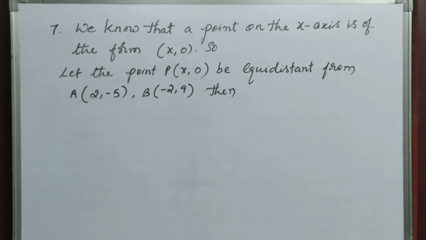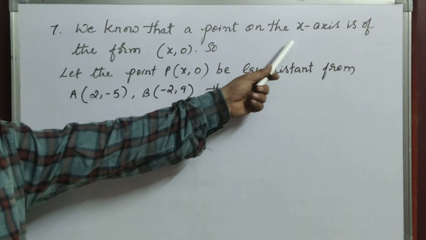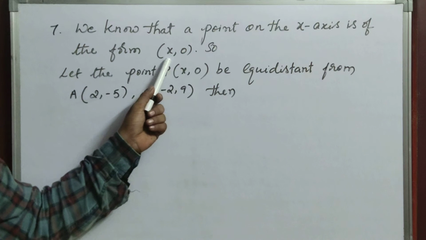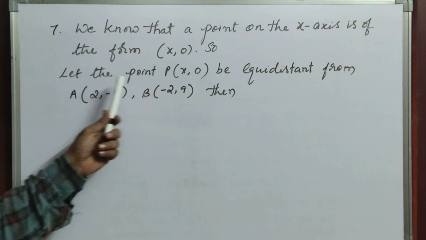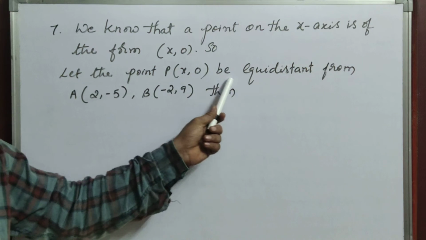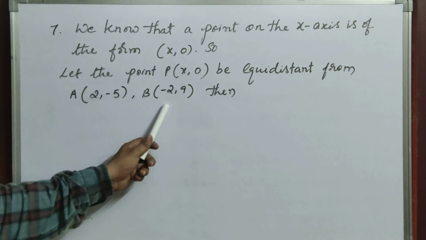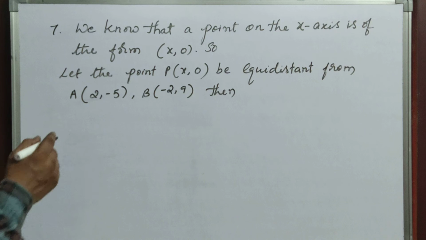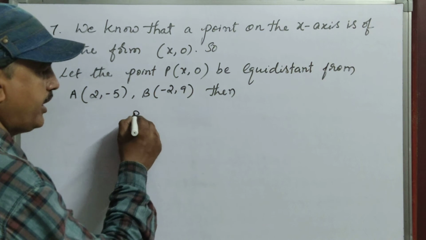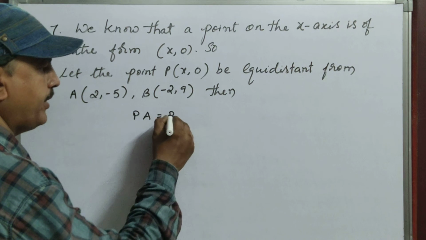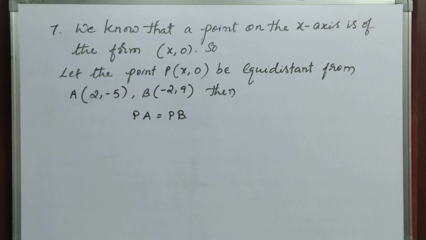Okay children, see the 7th question. As I told you, the point on the x-axis is of the form (x, 0). So let the point P (x, 0) be equidistant from A (2, -5) and B (-2, 9). Then you can write like this: PA equals PB.